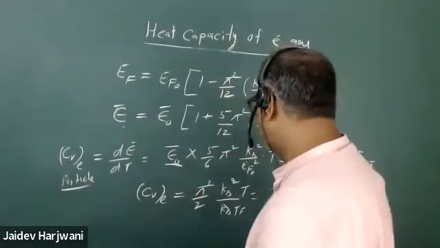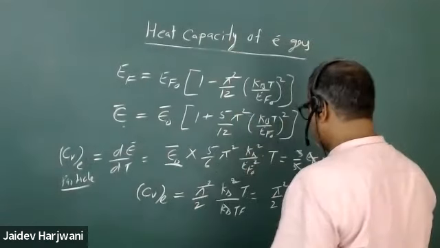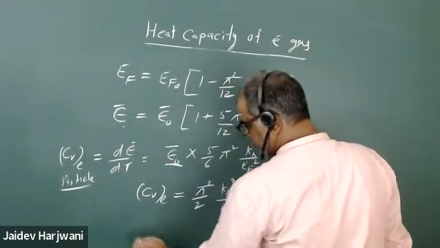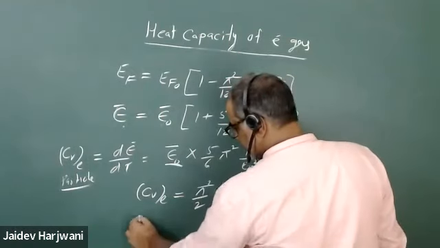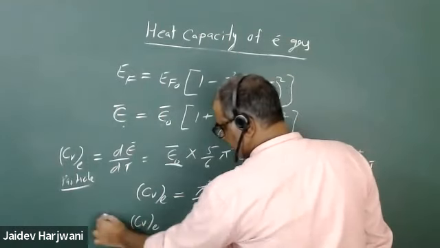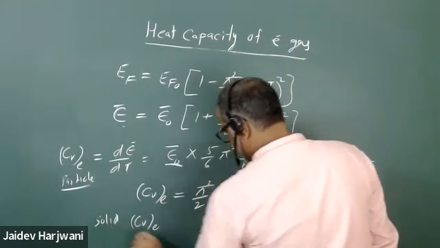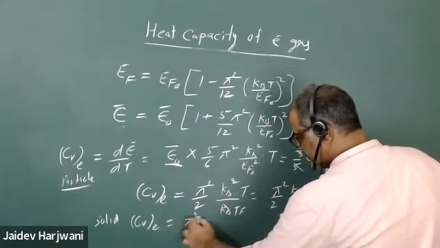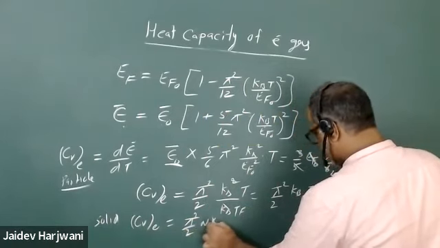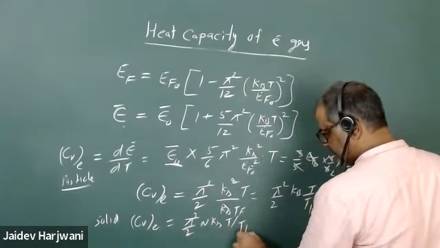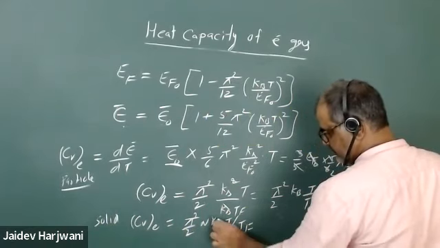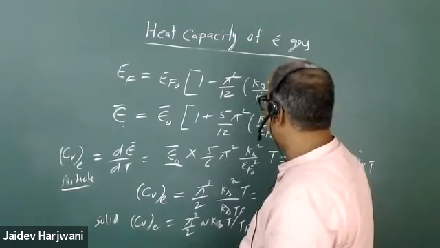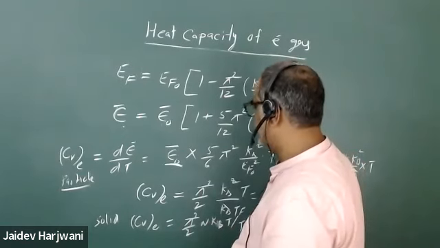Yeah, 3 by 5. And if I have a solid with N particles, then Cv of the solid metal, I have to multiply by N kB, so I am getting exactly the same expression, N kB T by T_F.